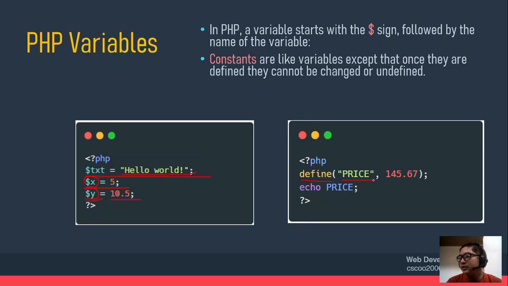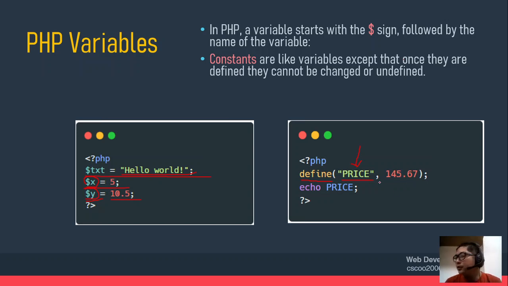I strongly suggest that when you create a constant, you make the name in capital letters or uppercase, to simply identify that you're using a constant, to distinguish the normal variable from a constant.